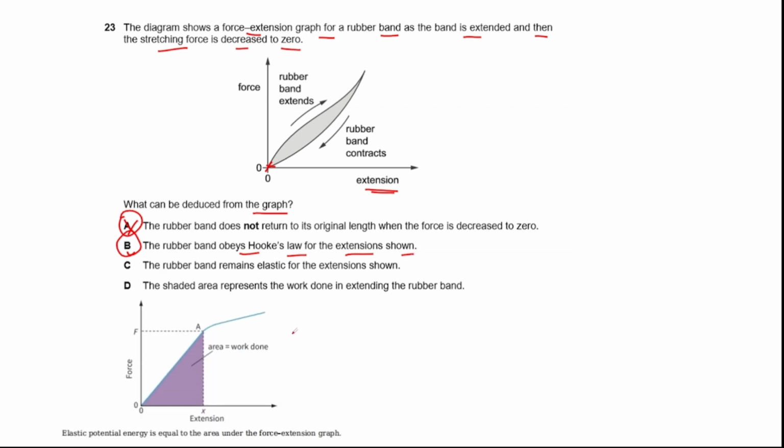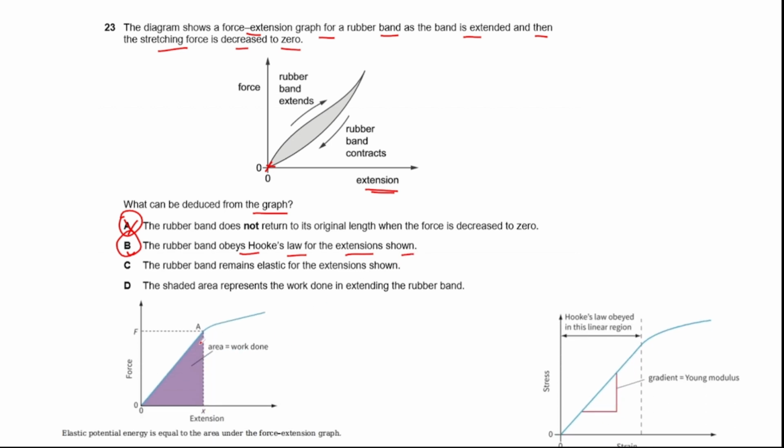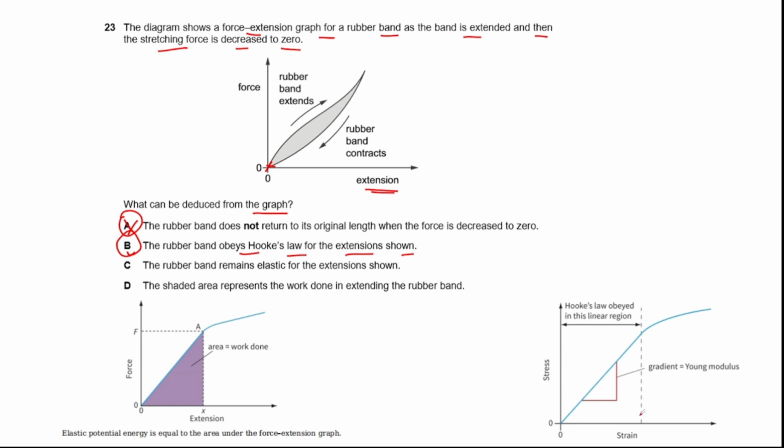So this would be the graph if the Hooke's law is obeyed. So here it is the stress and strain graph. It will be the same for the force and extension graph. So if you're having the graph as a straight line, then it's obeying Hooke's law. But here it's not a straight line, which means that it's not obeying Hooke's law.